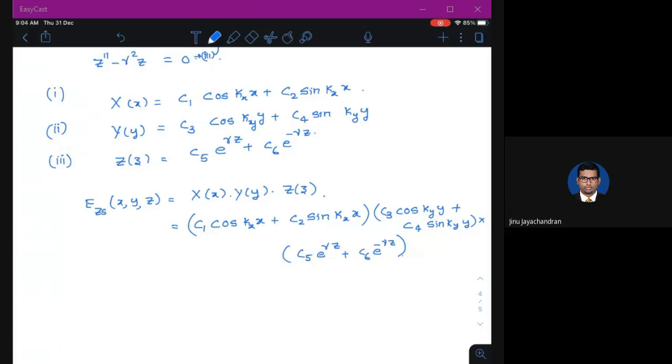Now this is a very lengthy equation. We need to make sure that we can simplify this equation by using boundary conditions.